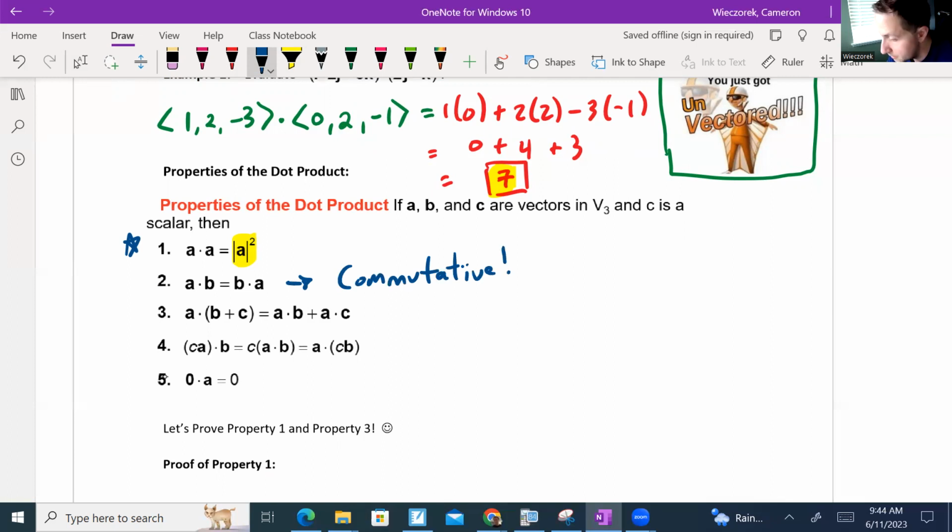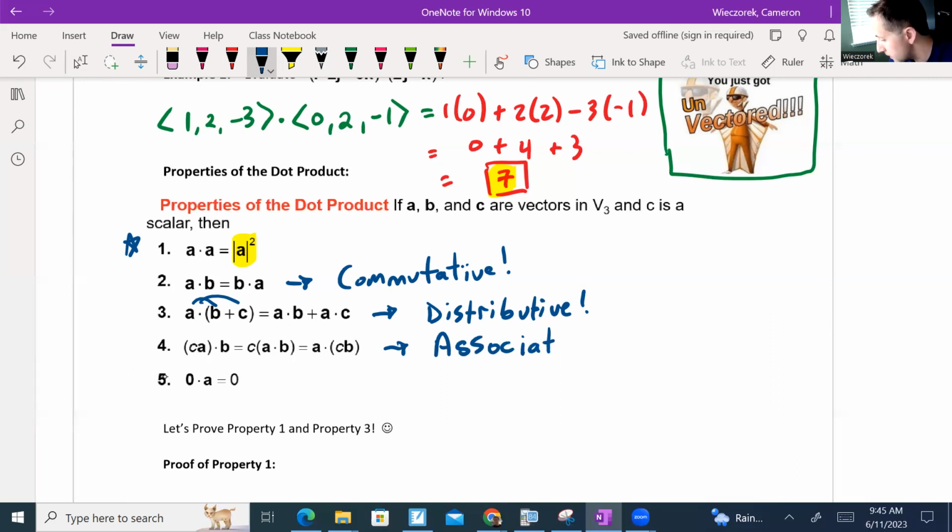The dot product is distributive. If you take the dot product of A and B plus C, it's the same as taking the dot product of A and B and adding the dot product of A and C. So it's a distributive property. It's associative. You can see how they moved the scalar inside and outside the parentheses here.